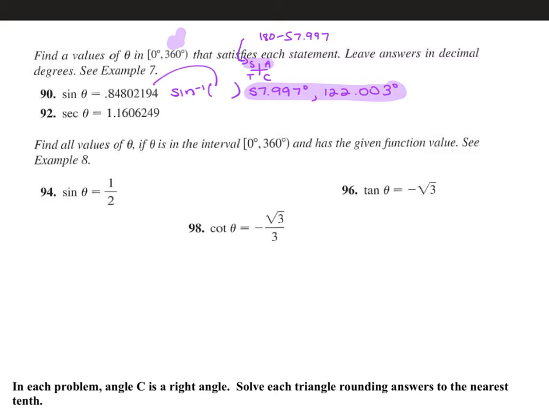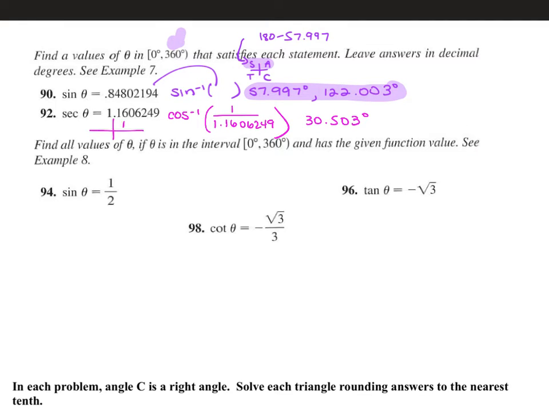Now secant, I have to do the reciprocal function, which is cosine inverse, but then I do 1 over 1.1606249. So second, cosine inverse of 1 divided by 1.1606249. And I get theta is 30.503 degrees.